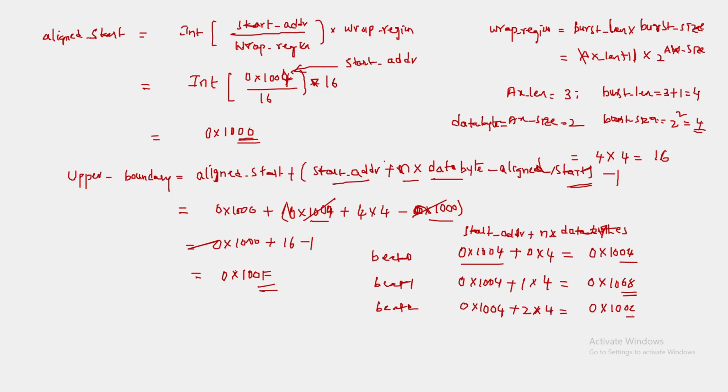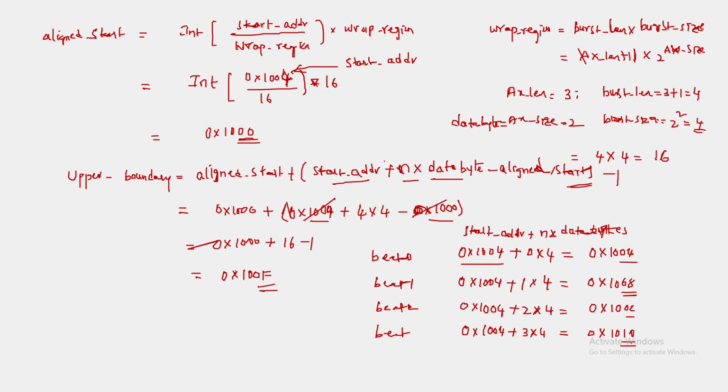And then the next address, beat 3. Beat 3 we are considering 0x1004 plus 3 into 4. 3 into 4 means 12, so that means 16. So then the next address is 0x1010.